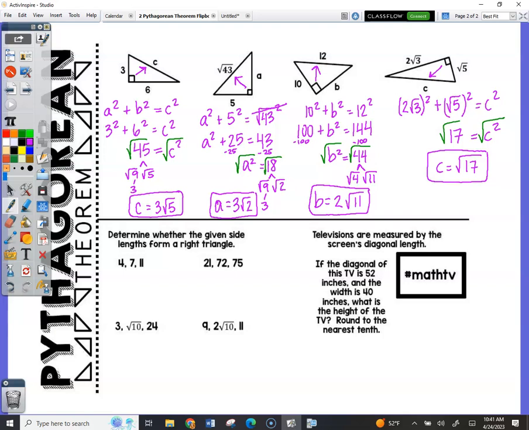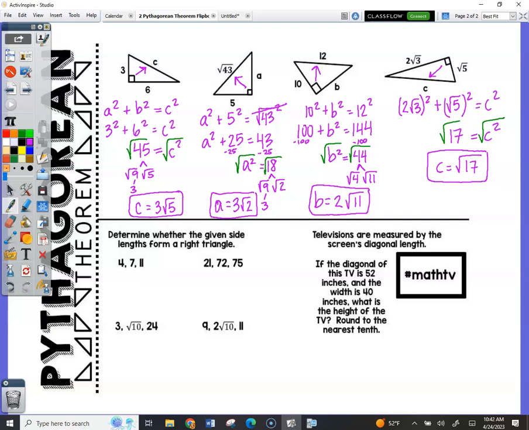Okay? Come down to the bottom section. Now I'm going to throw all 3 numbers at you, and I want you to tell me, could these numbers be the side lengths of a right triangle? The way to determine that is first, you mark which one would have to be C. How do I know which one that is? It's always the longest side.